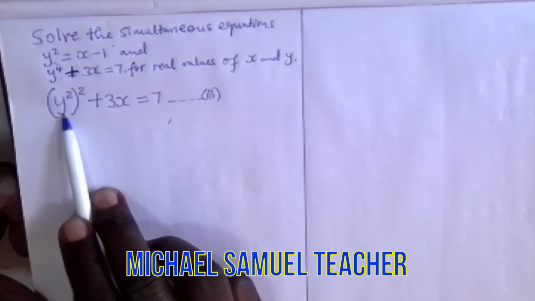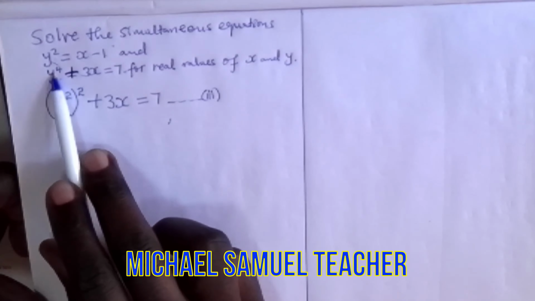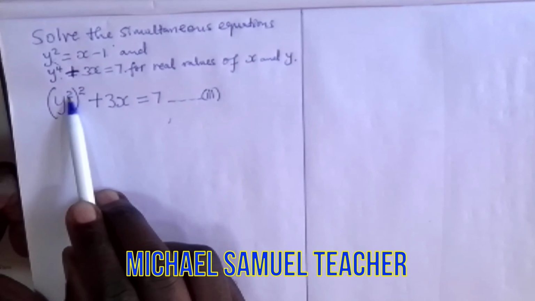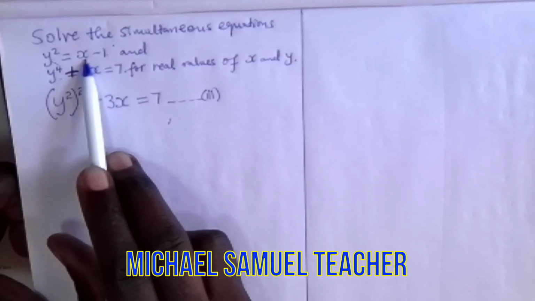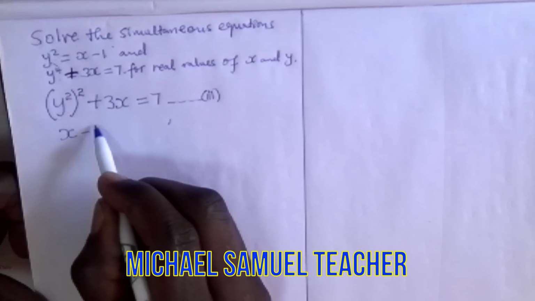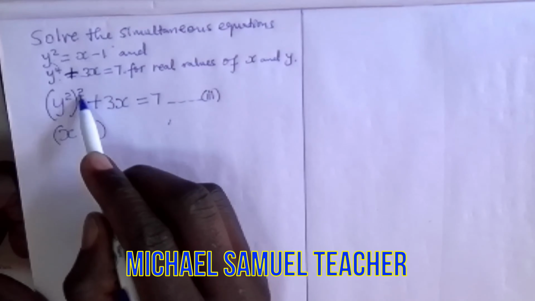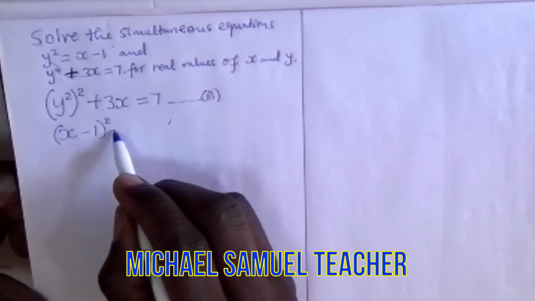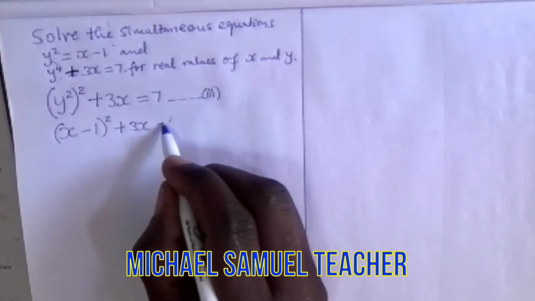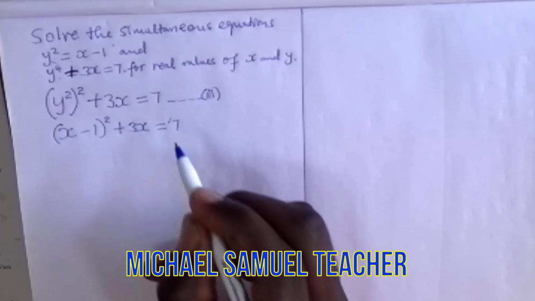Wherever we have y squared, we substitute x minus 1, so we write (x minus 1) squared plus 3x is equal to 7.